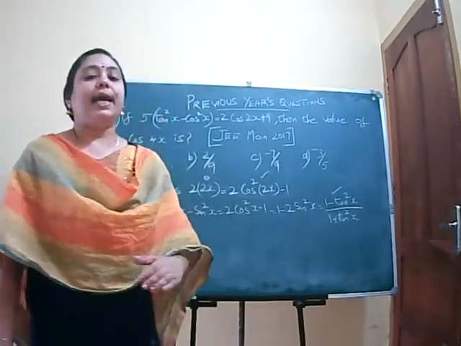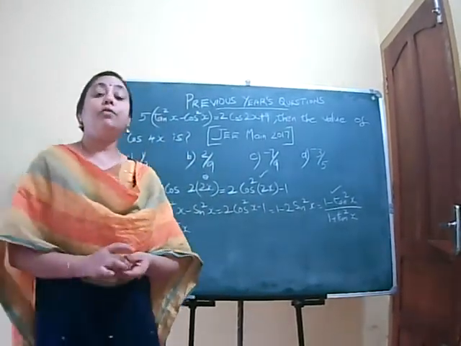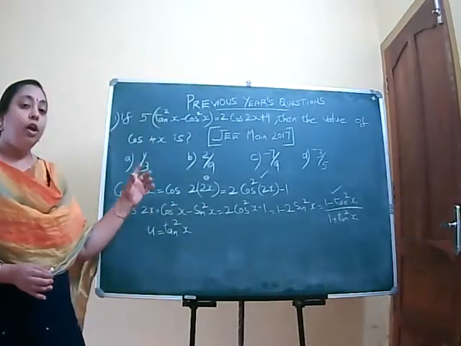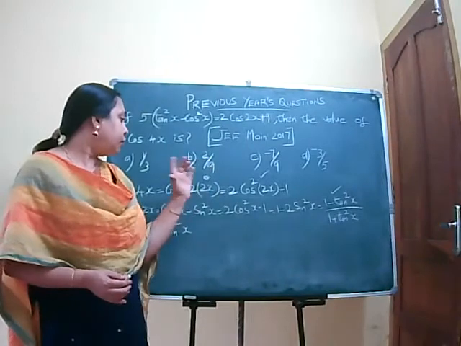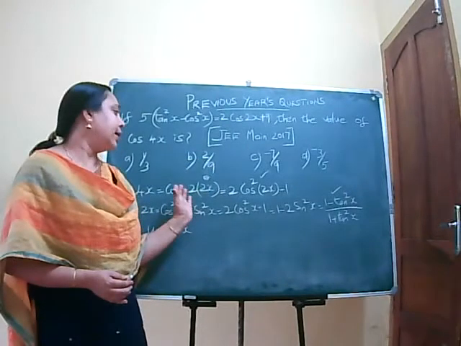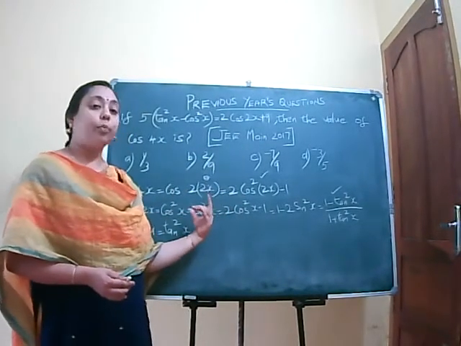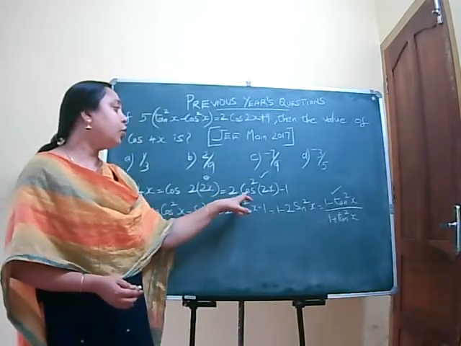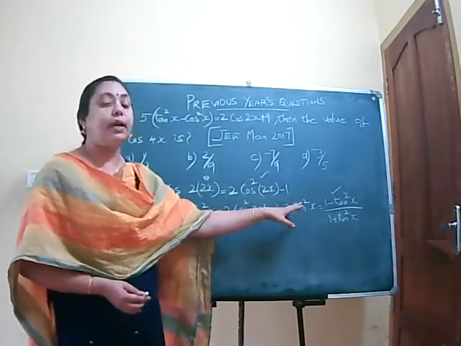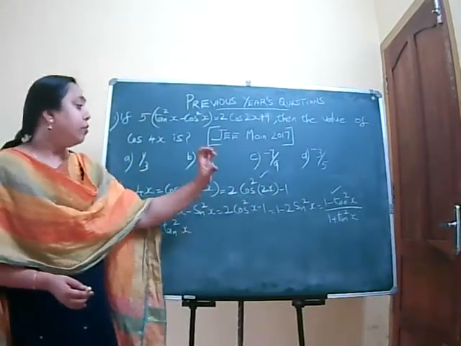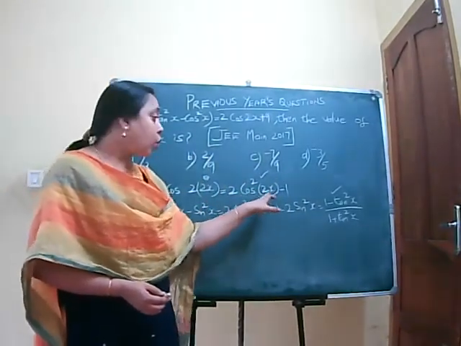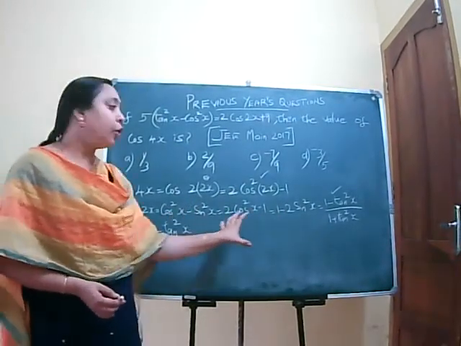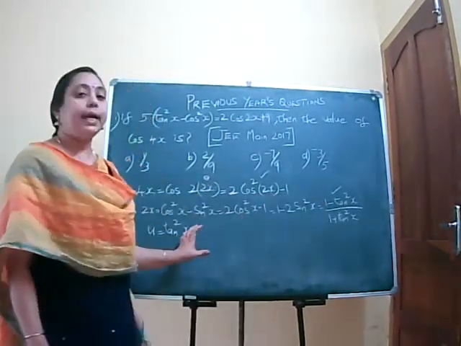We'll explain once again. We have to find the value of cos 4x. We know that cos 4x can be written as cos 2 into 2x and apply the formula of cos 2 theta, that is 2 cos square 2x minus 1. So we should get the value of cos 2x. There are basic 4 formulas for cos 2x.